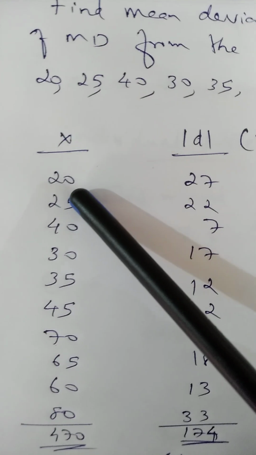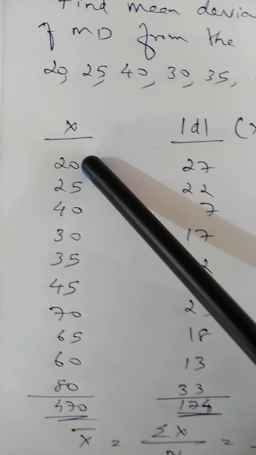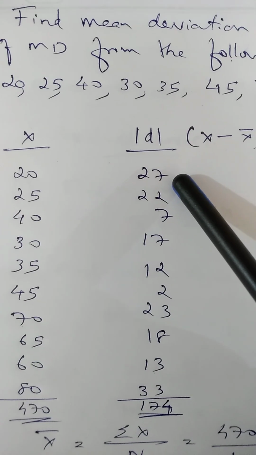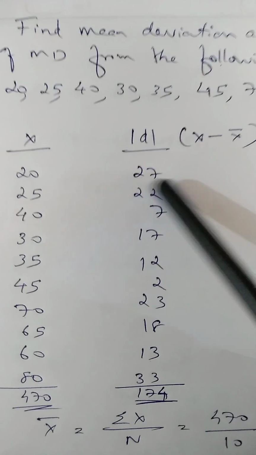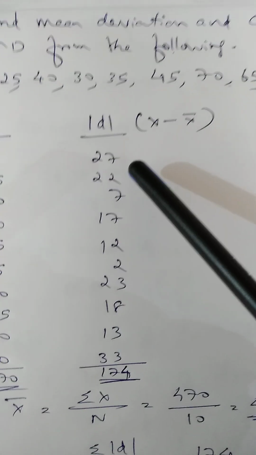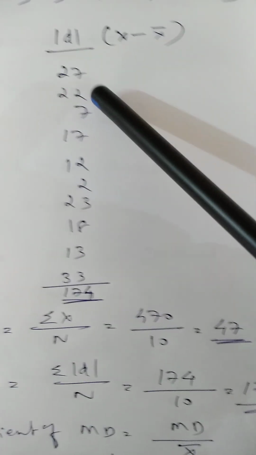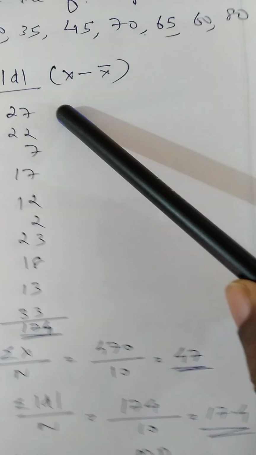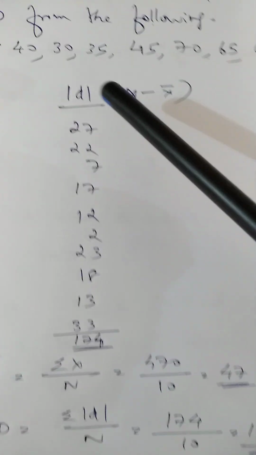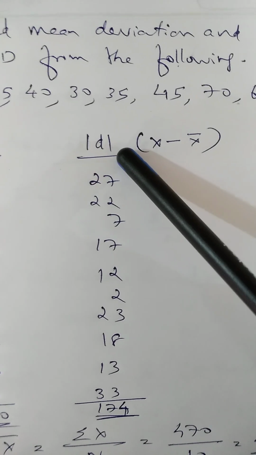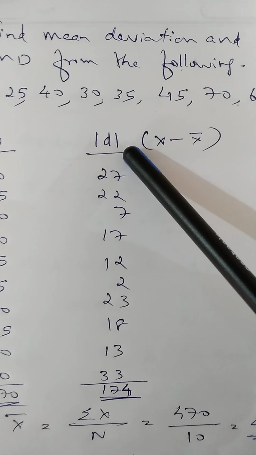This first x variable is 20. 20 minus the mean value 47 is 27. Don't consider sign. Actually, 20 minus 47 gives a minus 27, but we are not considering the positive or negative sign. That is why we consider this as absolute d, or modulus d.